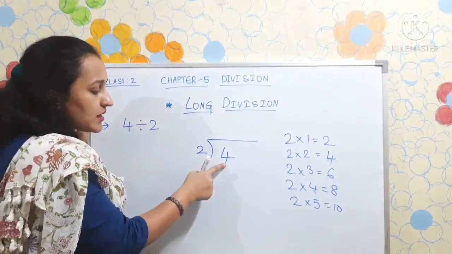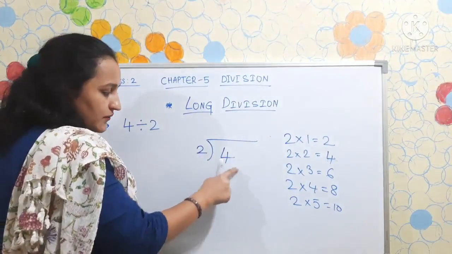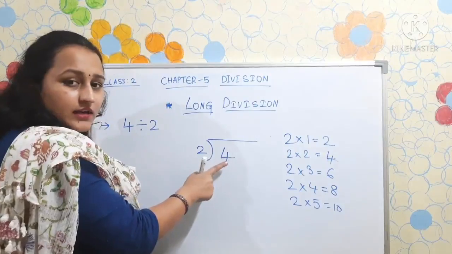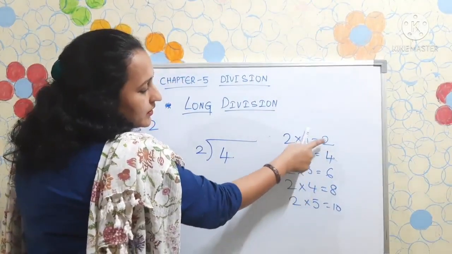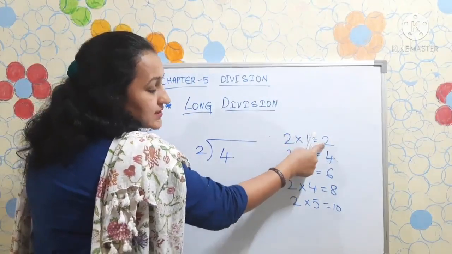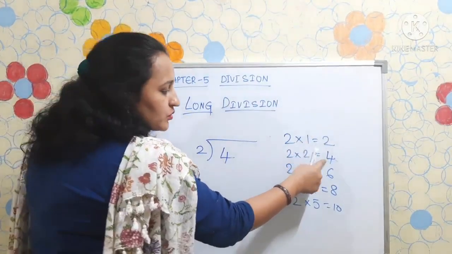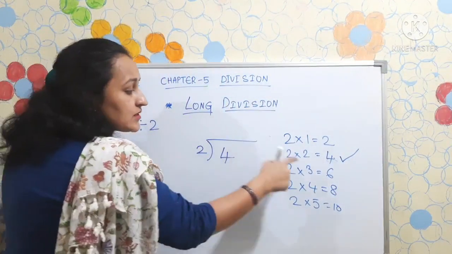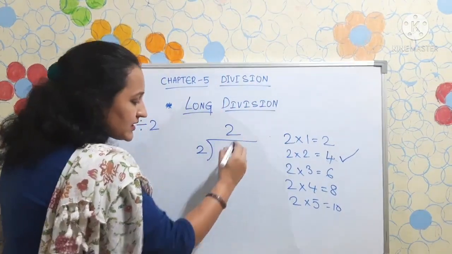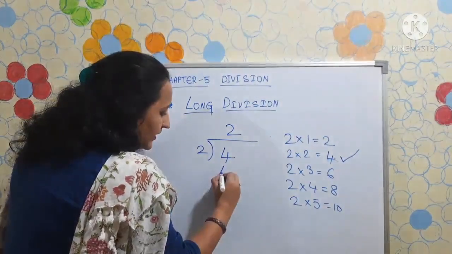Now see this number, the dividend. The dividend is 4. Do you see 4 in the 2 table? 2 times 1 is 2, 2 times 2 is 4. We write it here.